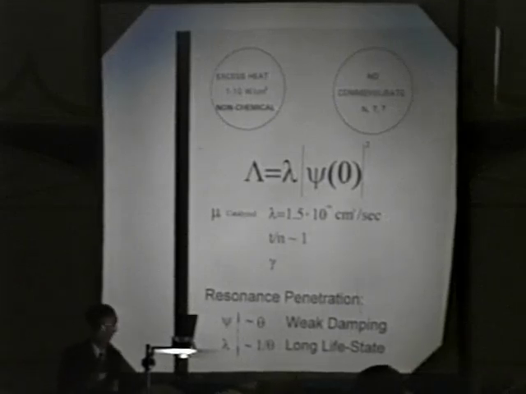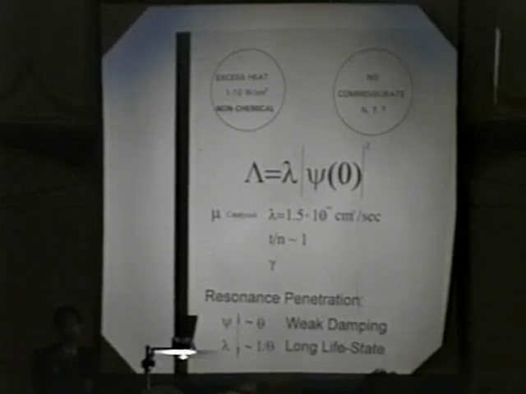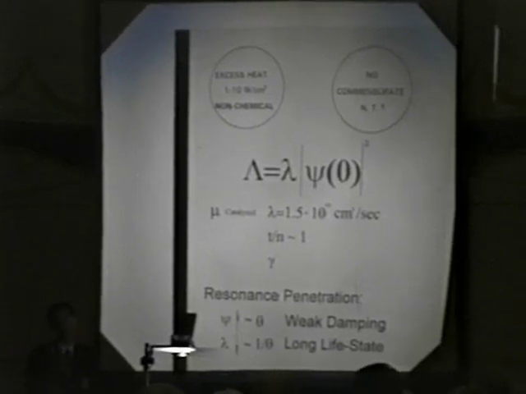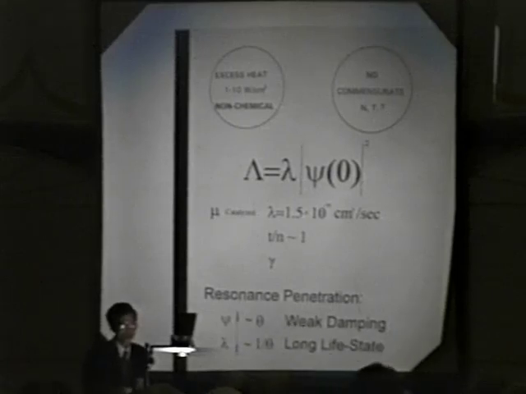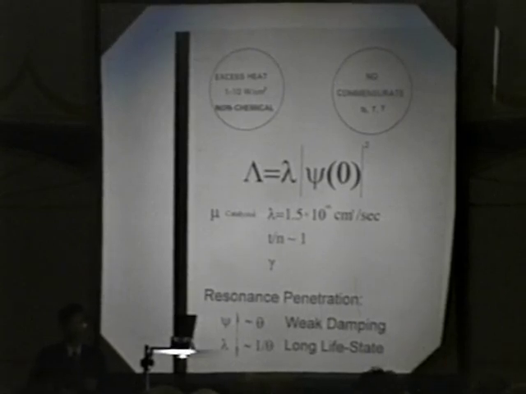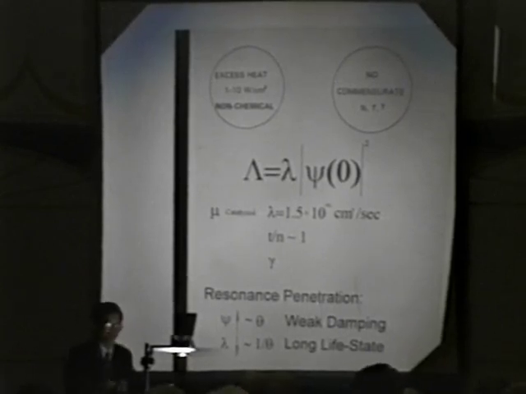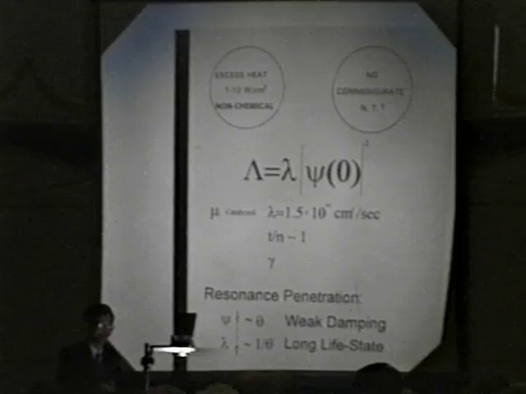If this reaction constant is strong, the damping is so strong that the wave cannot bounce many times. It will damp after a few times, and then there will be no resonance. So if resonance happens, this reaction constant should be very small. This means it's a weak damping, a long lifetime state.